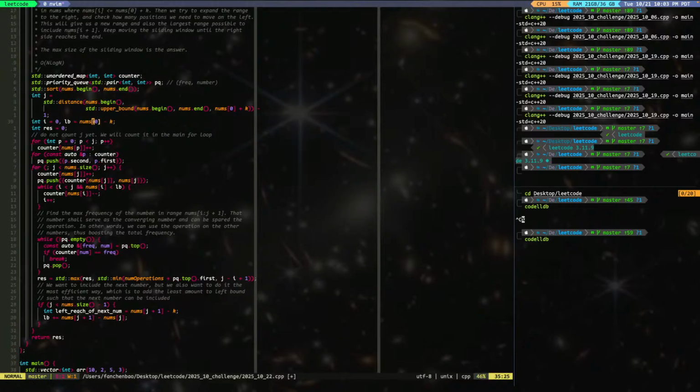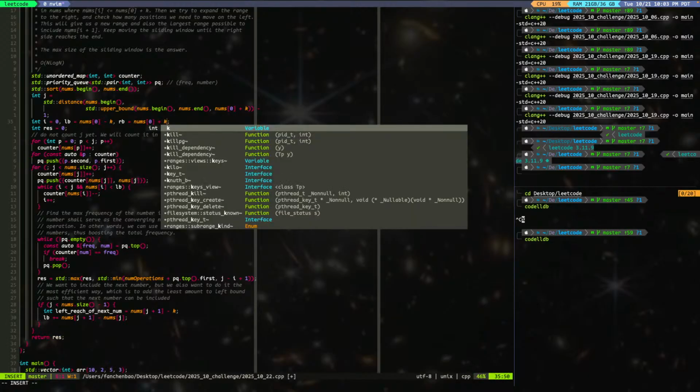So what I think is wrong: the left bound is fine, but I need a right bound. The right bound shall be nums[0] plus k. This is the right bound.